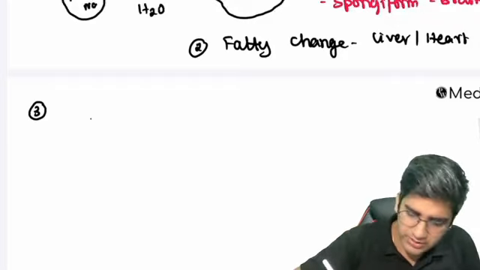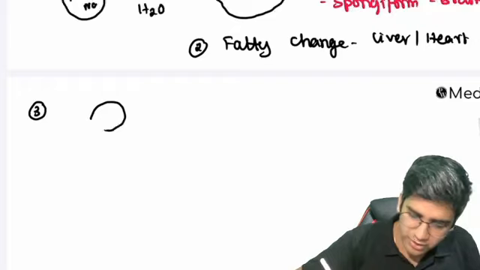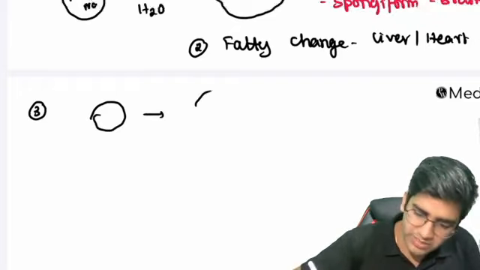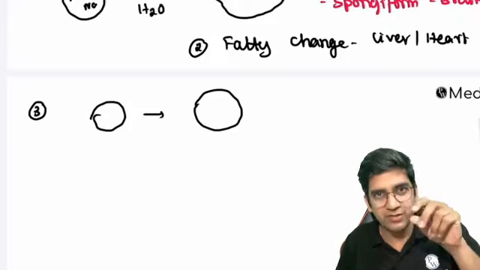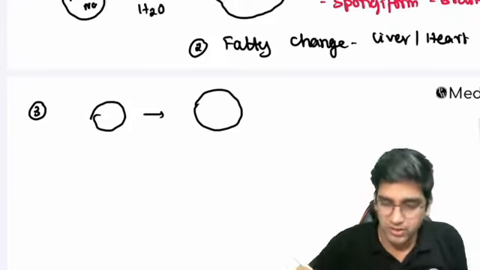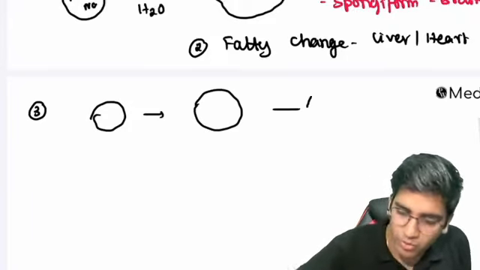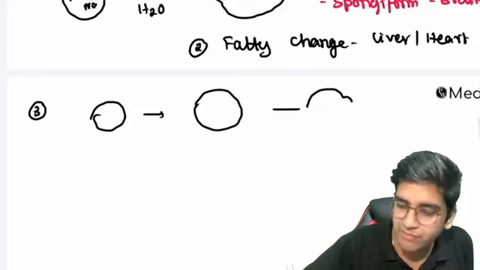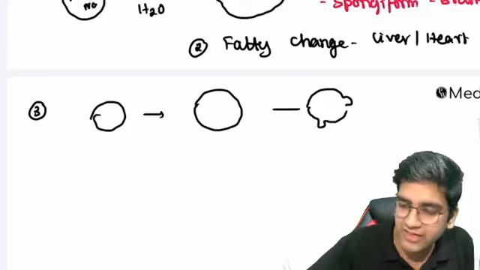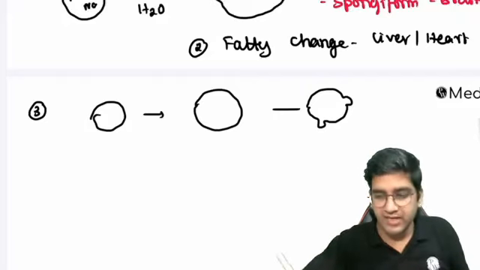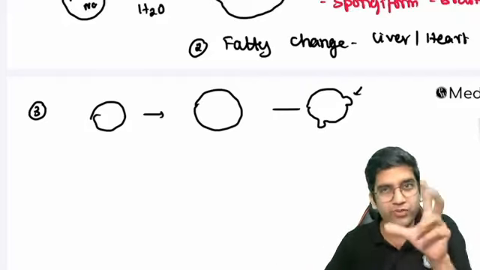So what happens is, I'm having a cell like this, a normal cell, which became bigger. At some point the cell membrane becomes weak and it starts to burst. So at that point, what happens initially? I'll have a tiny bleb. It does not immediately burst. I'll have a weak area. It's like a balloon, right? There'll be a weak area, and this area will burst.